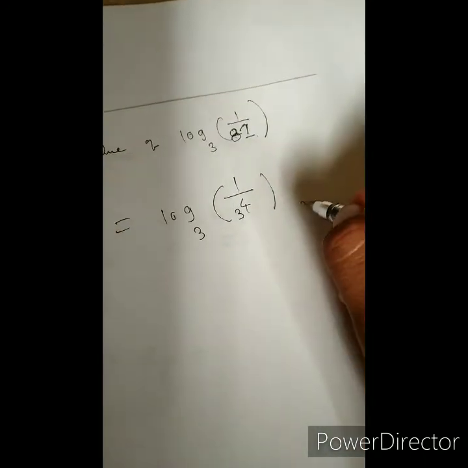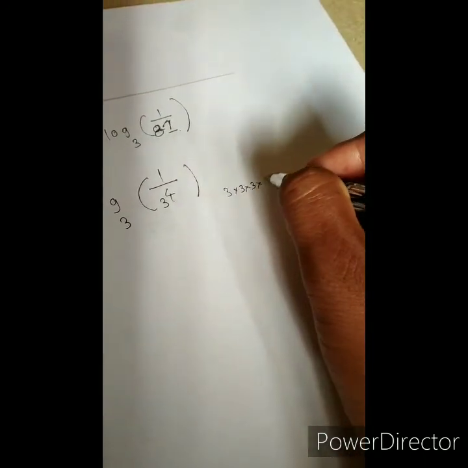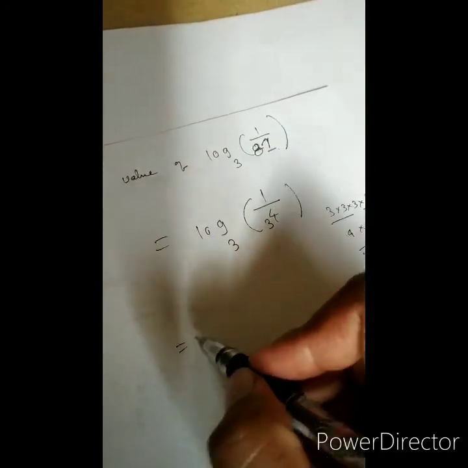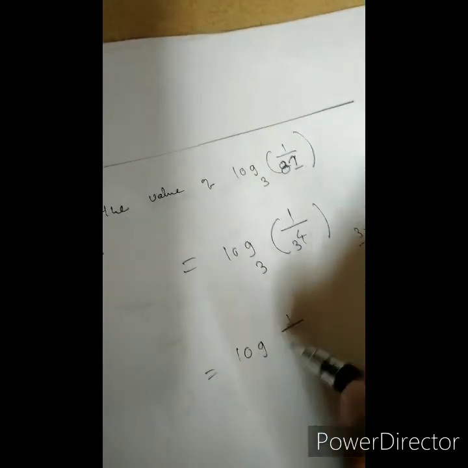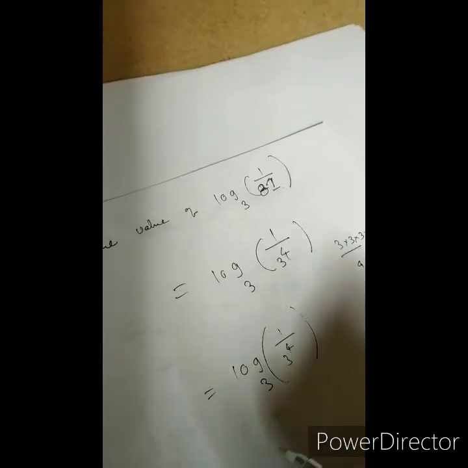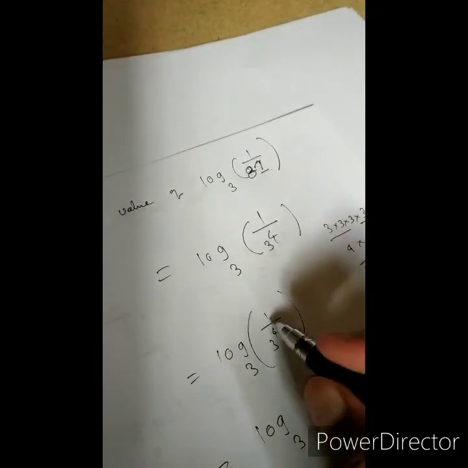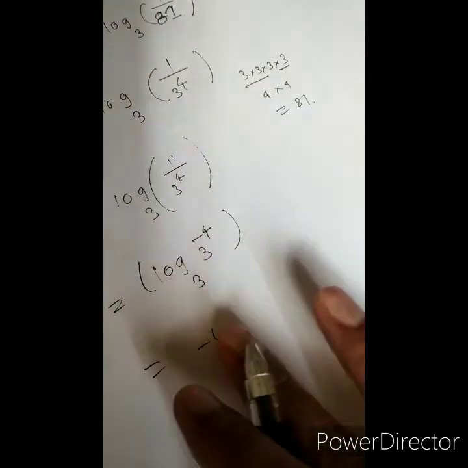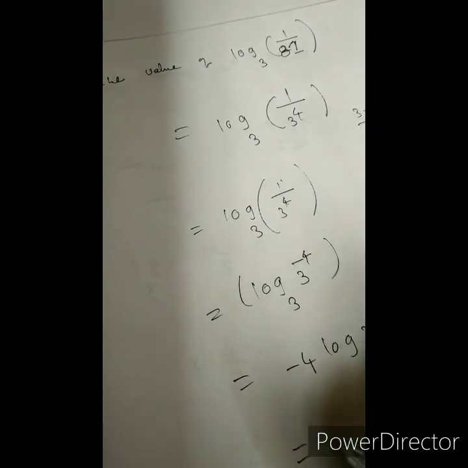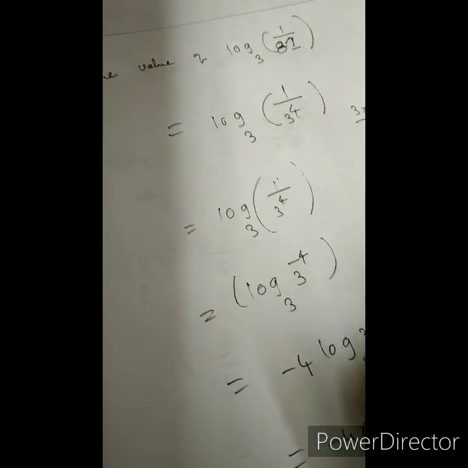Why so? 3 power 4 is 3 into 3 into 3 into 3. 3 3s are 9, 9 9s are 81. So this can be written as logarithm of 1 by 3 power 4, that is 3 power 4 in the denominator. Bring it to numerator, 3 power minus 4. This is equal to minus 4 logarithm of 3 base 3.